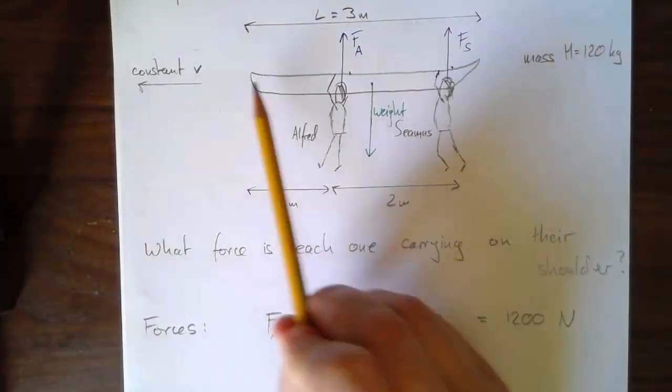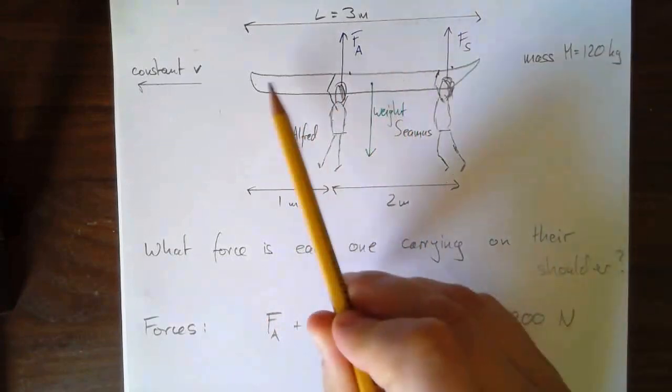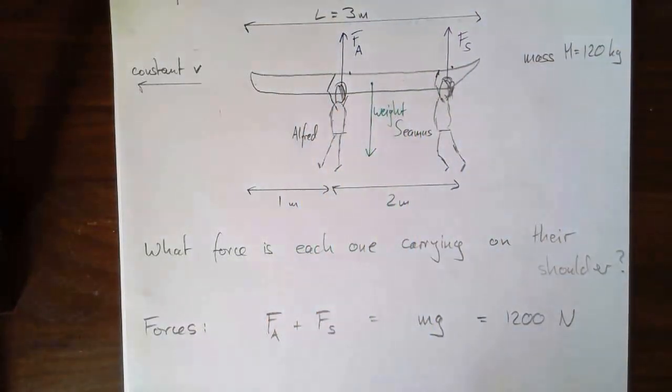So I could pick this point here, or this point here, or this point here, or this. Pick any point along the canoe. And the net torque around that point as a hypothetical pivot is going to be zero, because it's just not rotating at all. So what are good choices to make?